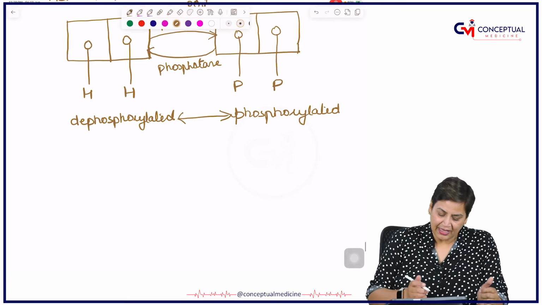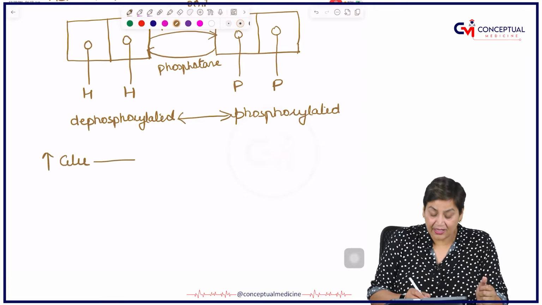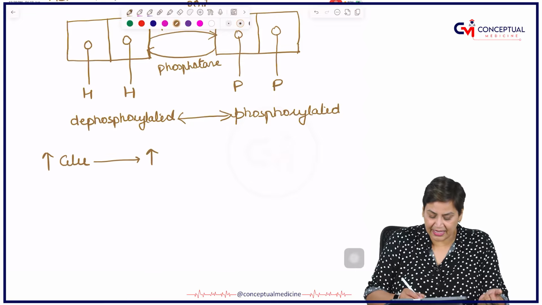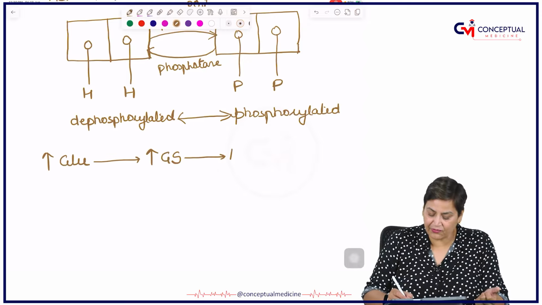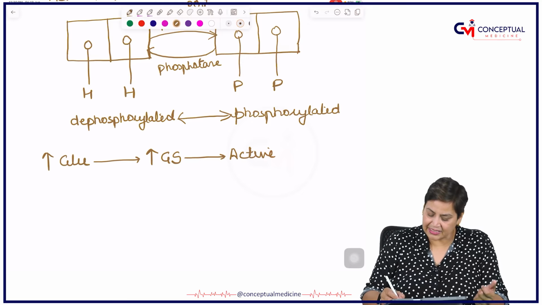Okay, so whenever there is more concentration of glucose, automatically synthesis of glycogen would be more. So I can say increased glycogen synthase, or the active form of glycogen synthase will be there. And just for your knowledge, till here I can simply say that the active form is dephosphorylated.